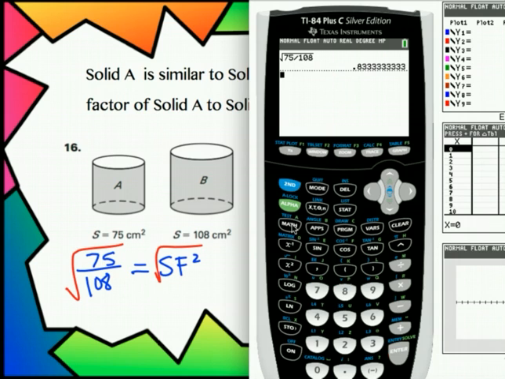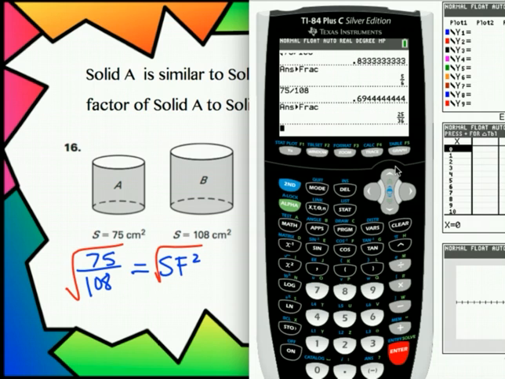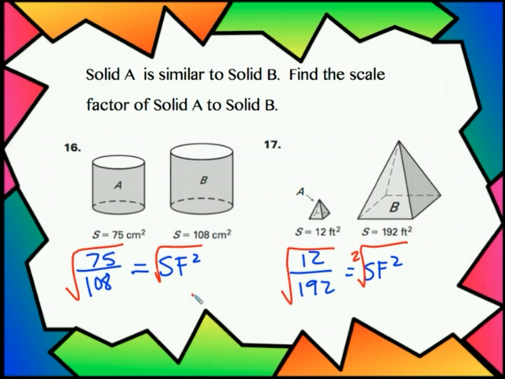So that is 5 over 6. So had we done like 75 over 108 in the beginning, you would have seen that it's 25 over 36, and then most of you could have done that square root in your head, that would be 5 over 6. And same with 12 and 192.